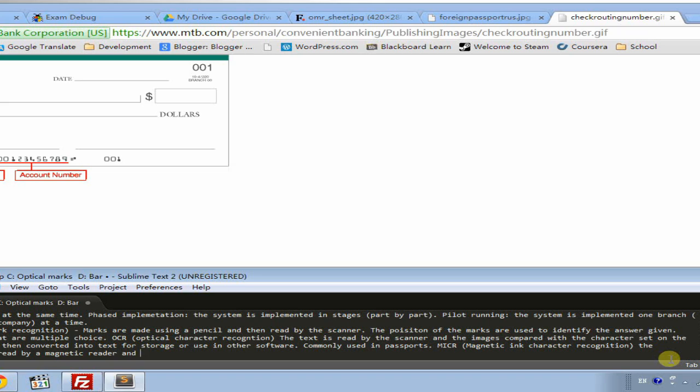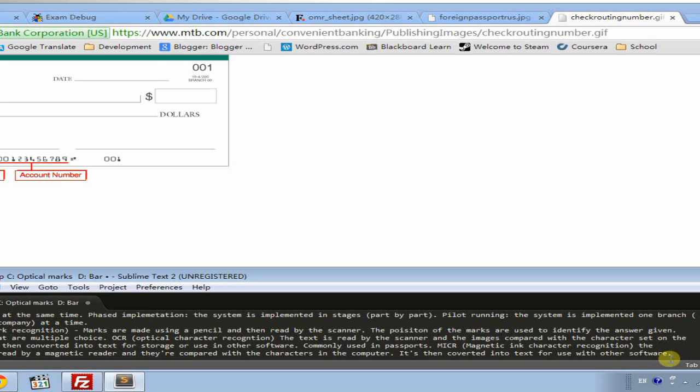And they're compared with the characters in the computer again. It's then converted into text for use with other software.